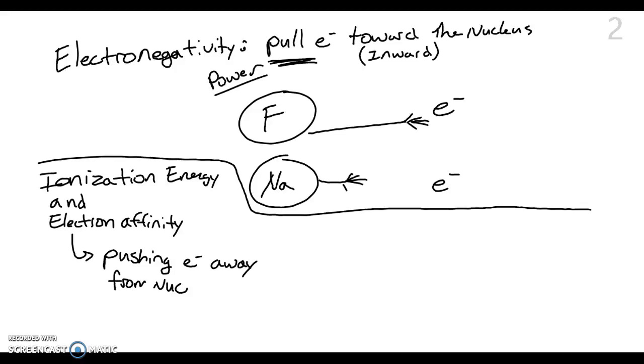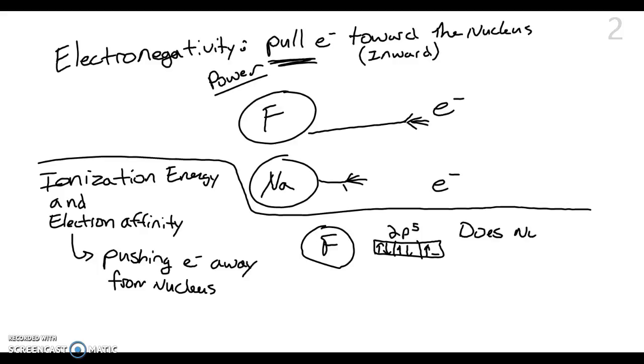So an element like fluorine, if its 2p5 orbital has one open space, it really wants to keep. It does not push electrons away. It's so close to being stable, so close to that octet rule, it's not going to push electrons away.